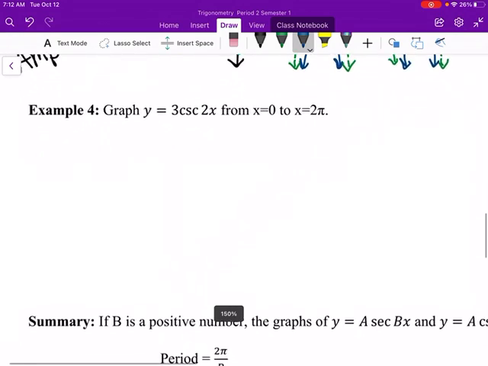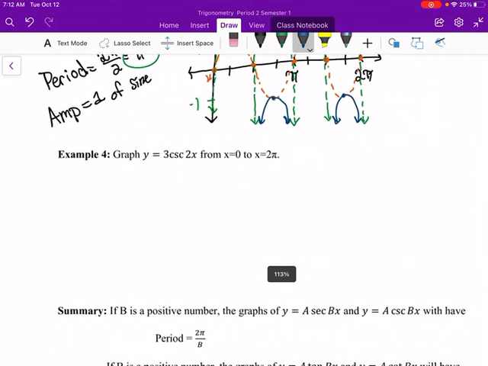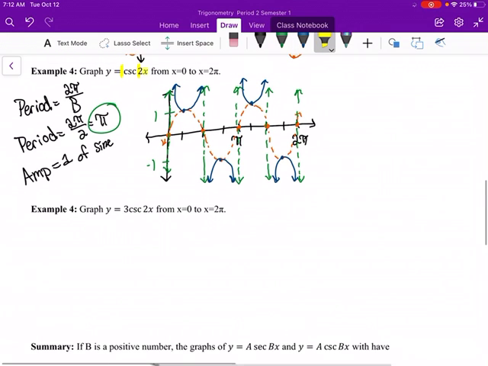All right, our next example, we have y equals 3 times the cosecant of 2x from 0 to 2 pi. So looking at our last graph, this one is kind of going to be our parent function because it's the cosecant of 2x. Our next one is the same thing except we're multiplying it by 3. So that means our sine function would then have an amplitude of 3 instead of an amplitude of 1.